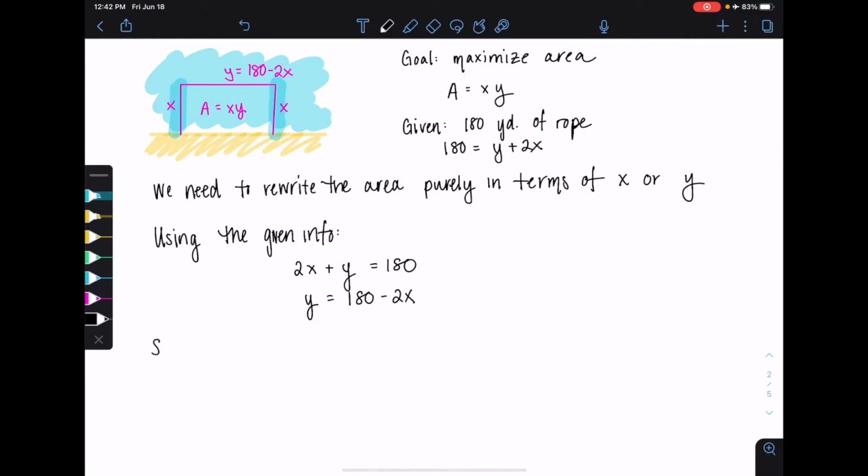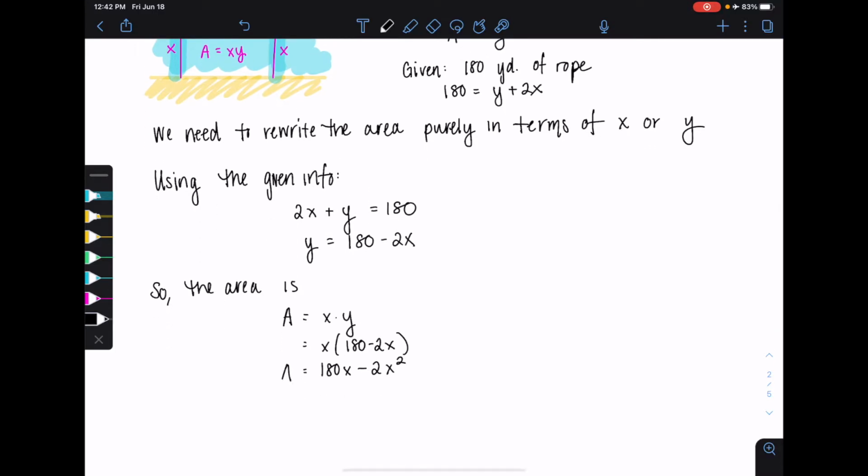Ultimately, the area A is x times y, which, knowing y is 180 minus 2x, we can plug in here. And so our area is 180x minus 2x squared. Now I have a single variable function for this area that I'm trying to maximize.